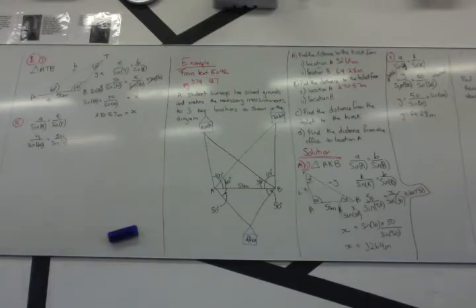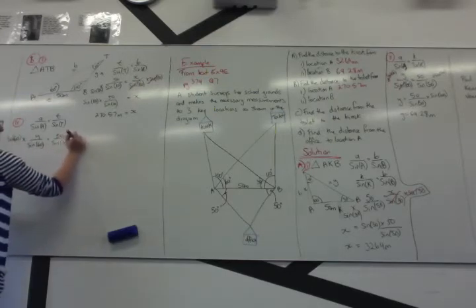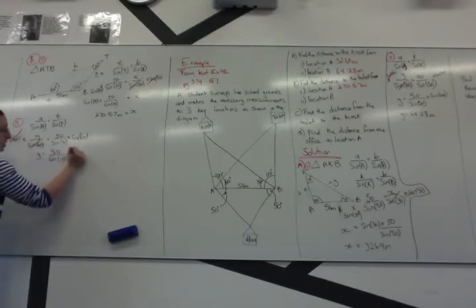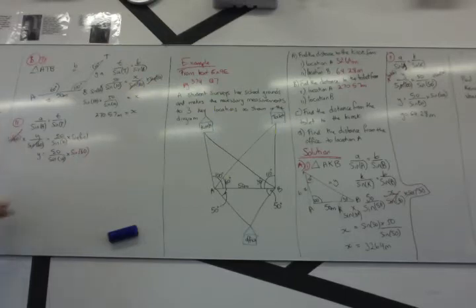Get Y by itself, multiply both sides by the sine of 60. So they cancel out. Y is equal to 50 over the sine of 10 times the sine of 60.